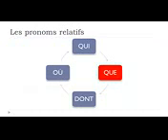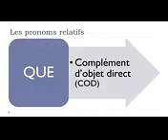Now we'll have a look at que, okay? So que, you should remember that it will replace what we call complément d'objet direct. So complément, it's because it will complete the sentence. Objet, because it's what we call grammatical object. Okay? And then direct, just because we don't use or we won't use any preposition between the verb and this grammatical object.